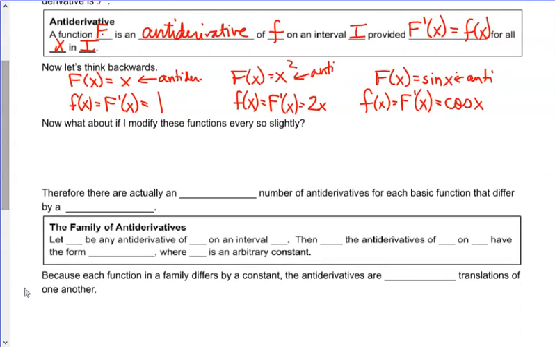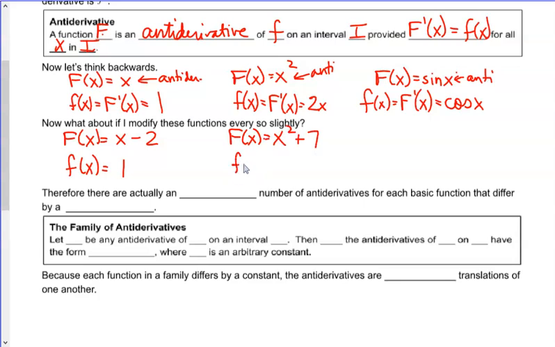Now, what if I modify this ever so slightly? What if I say here that F of x is equal to x minus 2? What is the first derivative of that function? Well, it is a 1. If I have F of x is x squared plus 7, what is the derivative of that function? Well, the answer would be 2x.